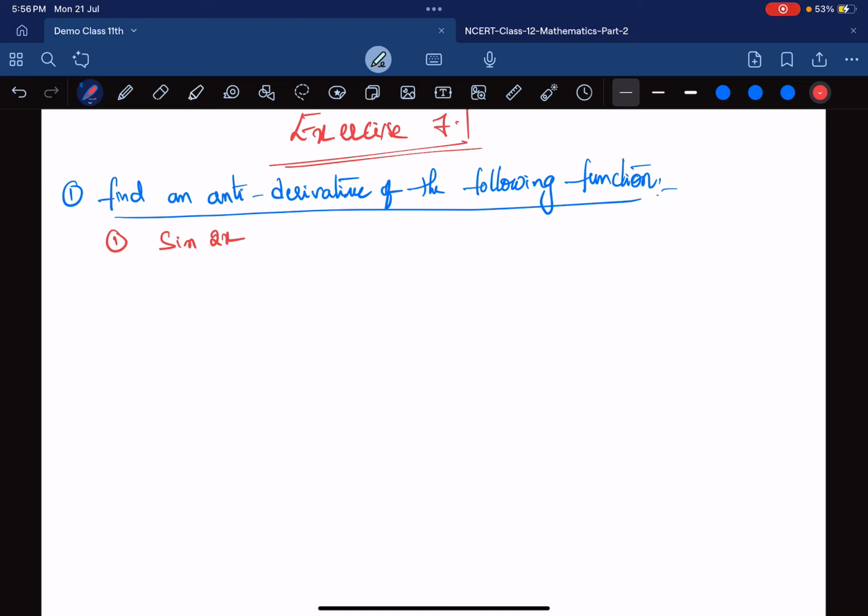We have sin 2x given. So d by dx of cos 2x is minus 2 sin 2x. We need to find the original function if this is the given derivative function. So sin 2x is equal to minus 1 by 2 into d by dx of cos 2x.